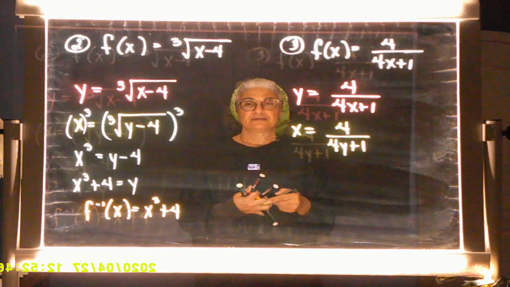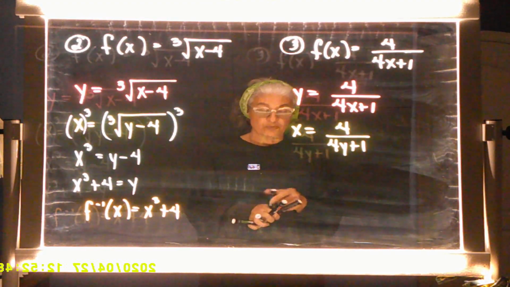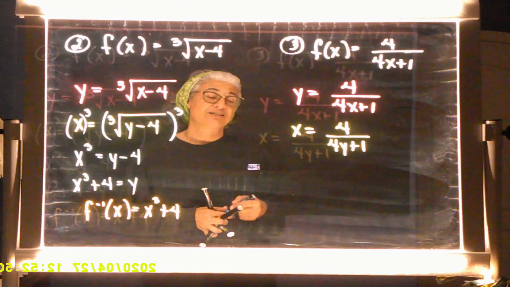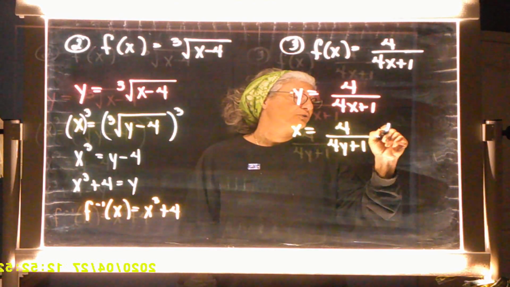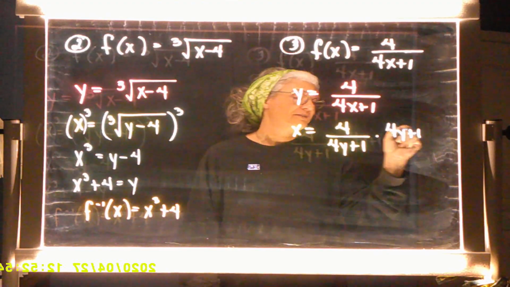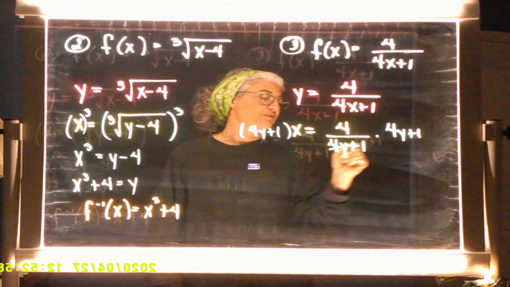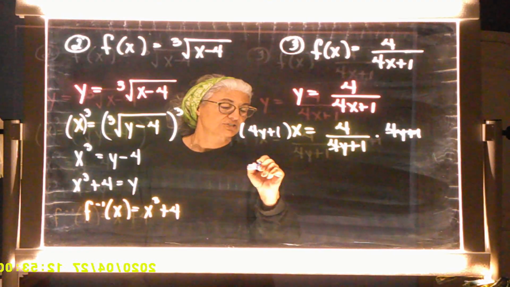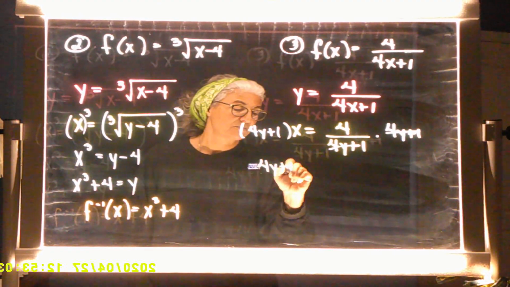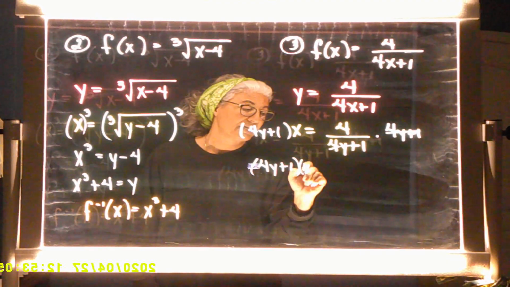And now what? Good. Solve for y, which means I need to get this denominator gone. So I'm going to multiply both sides by this denominator. So these cancel, don't they? Which leaves me 4y plus 1 times that x.